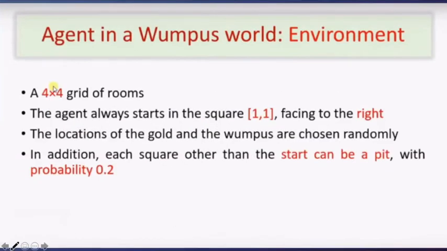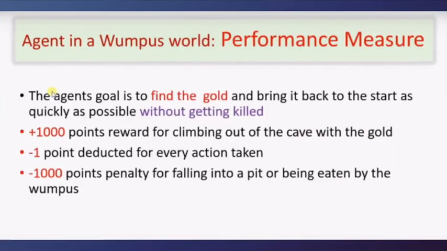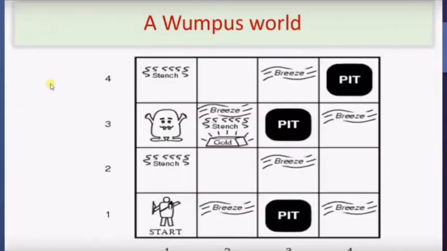The locations of the gold and the Wumpus are chosen randomly. In addition, each square other than the start can be a pit with probability 0.2. So the Wumpus and the pits have been placed randomly, and the pits appear with a probability of 0.2, which means 20% of the blocks are filled with pits.